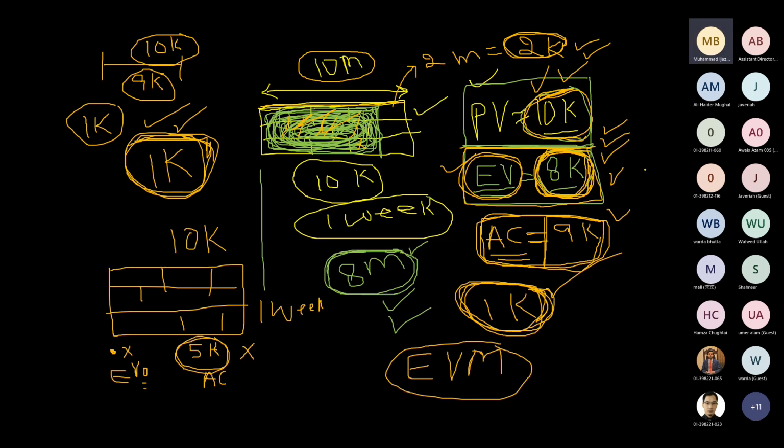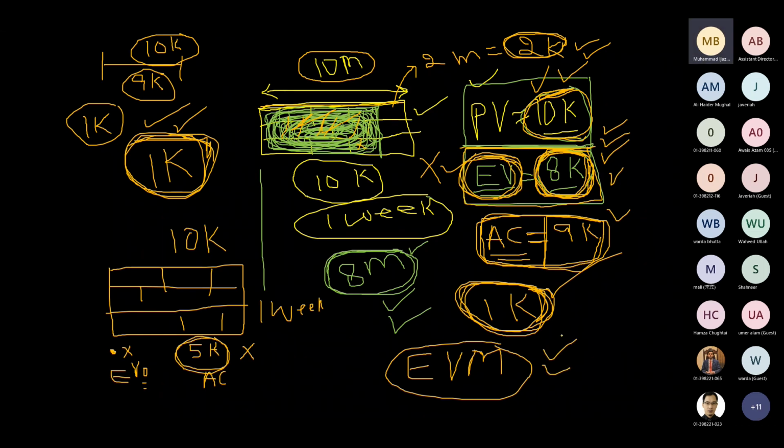If I don't take into account the completed work or the earned value. Is it clear? So the earned value management system focuses on a comparison of your performance using how much work you have completed. That is very critical in earned value management.